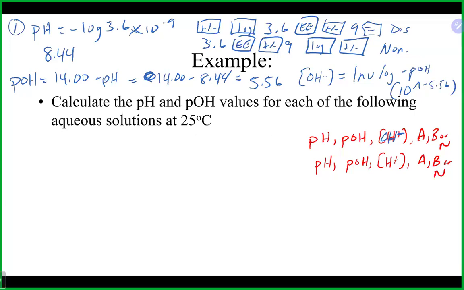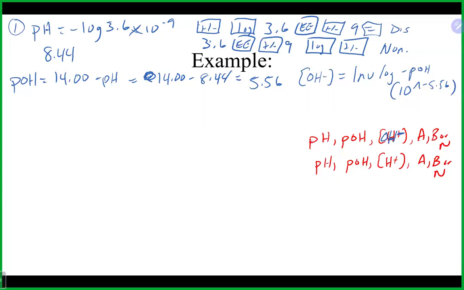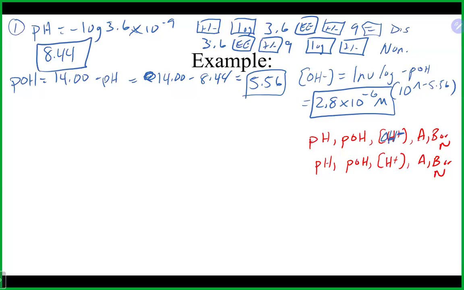If you do that, inverse log, negative 5.56, it looks like 2.8 times 10 to the minus 6 molar. And at this point we can also determine that it is basic, as the pH is above 7. Any questions on that?